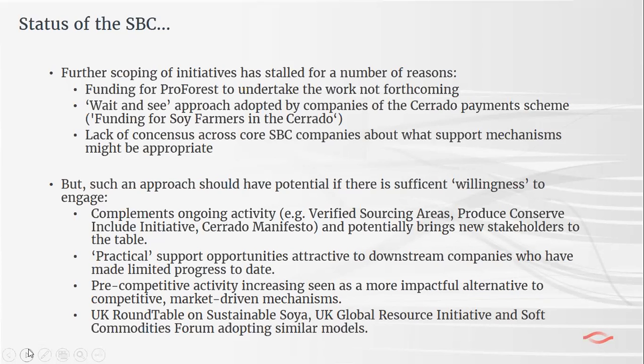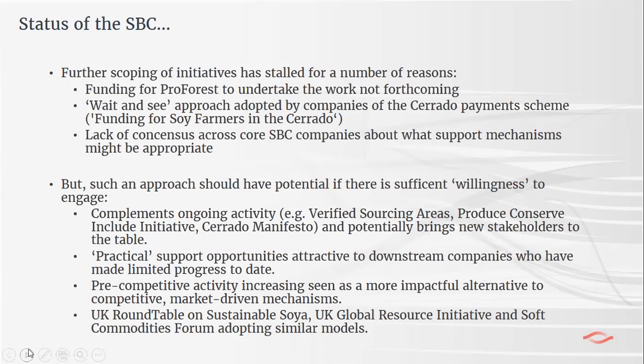And in early to mid-2019, a new scheme within the Cerrado was announced, this Cerrado payment scheme, or what's now called the Funding for Soy Farmers in the Cerrado scheme, which was expected to be launched at any time during the latter half of 2019. That's now been launched.